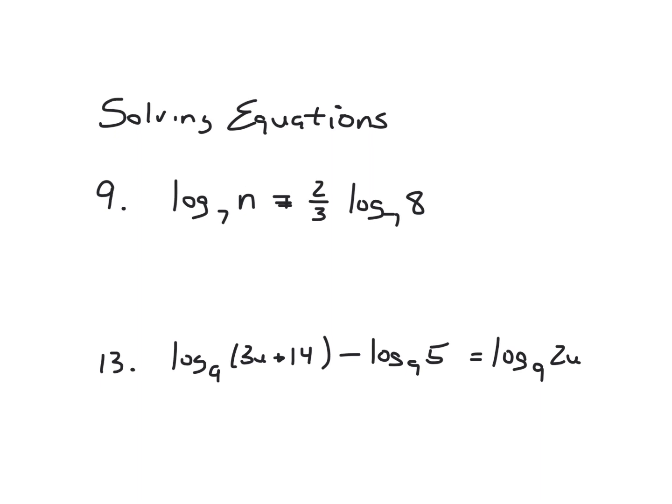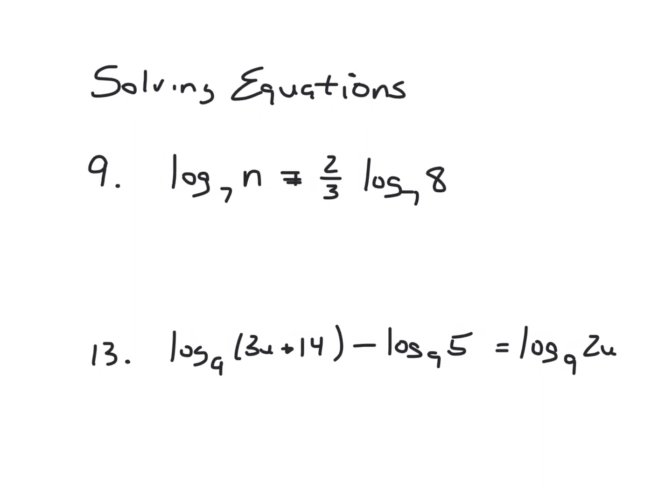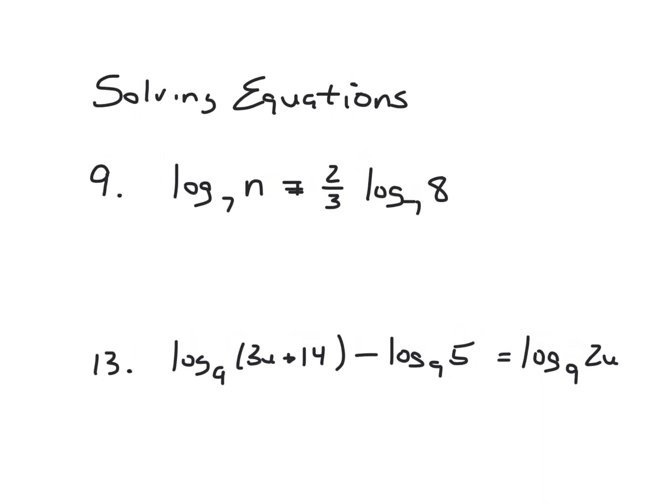The second part of this is asking to solve some equations. You remember when we solved equations in 8.4, we wanted to get a single logarithm, or if we had multiple logs, try to get the bases the same so that you can set them equal. Now we know properties of logs, so we want that to help us get to either a single log or logs equal to each other.